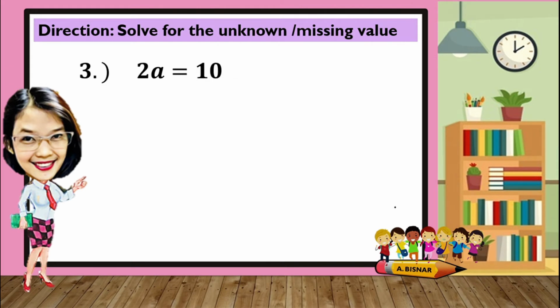Another. Say we have 2a is equal to 10, or twice a number is equal to 10. Now, how are we going to solve this? Well, in here, you have to use the multiplication and division property of equality. Or, you can also use the multiplicative inverse.